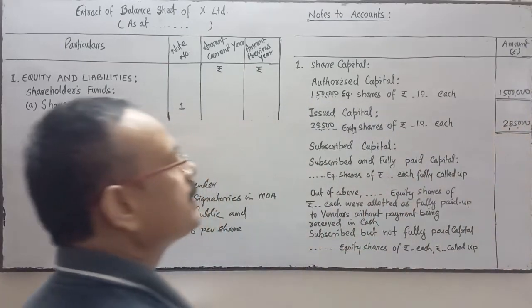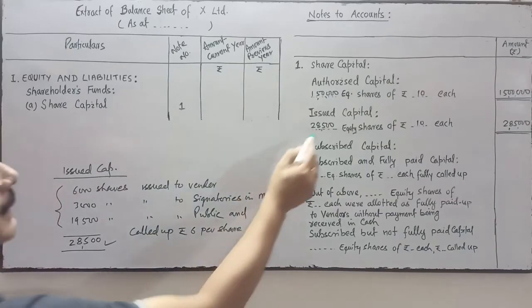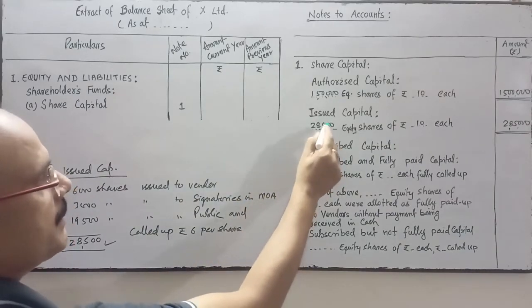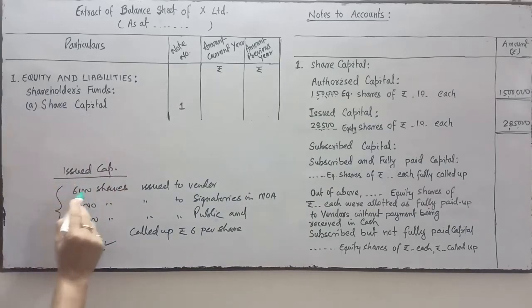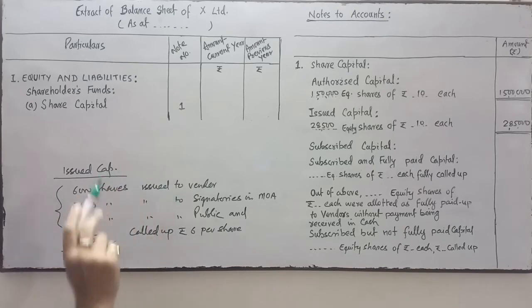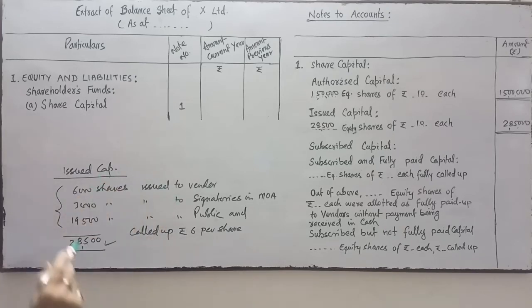Issued capital is 2,85,000. Is this number clear? How does this number come? 28,500: 6,000 issued to the vendor for the purchase consideration, 3,000 issued to the signatories in the memorandum of association, and 19,500 to the public, called up rupees 6 per share. So the total number of shares the company has issued is 28,500.